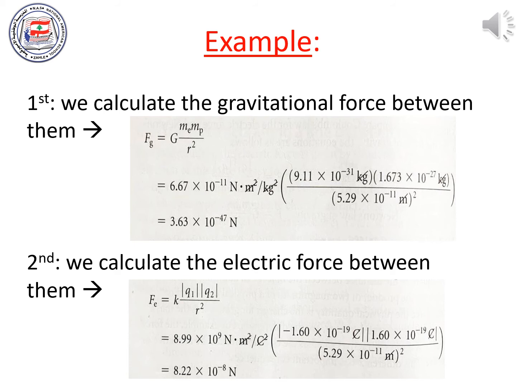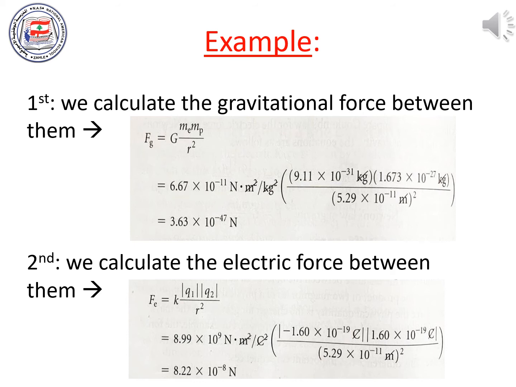G is equal to 6.67 times 10 to the power minus 11, times 9.11 times 10 to the power minus 31, which is the mass of the electron, times 1.673 times 10 to the power minus 27 kilograms, which is the mass of the proton, divided by the distance between them squared, which is 5.29 times 10 to the power negative 11. The answer is 3.63 times 10 to the power negative 47 newtons.